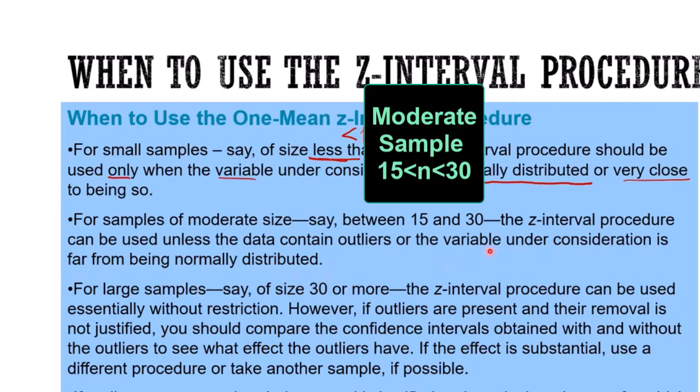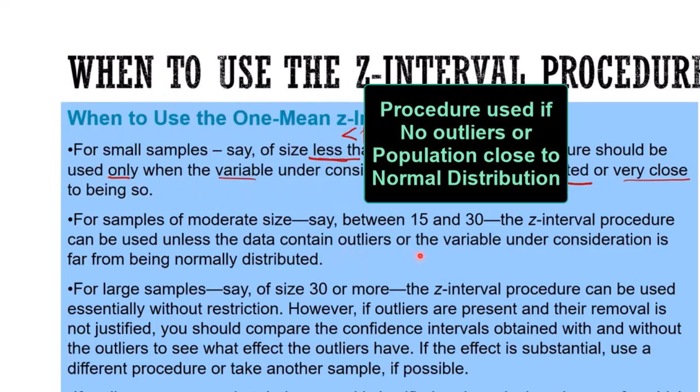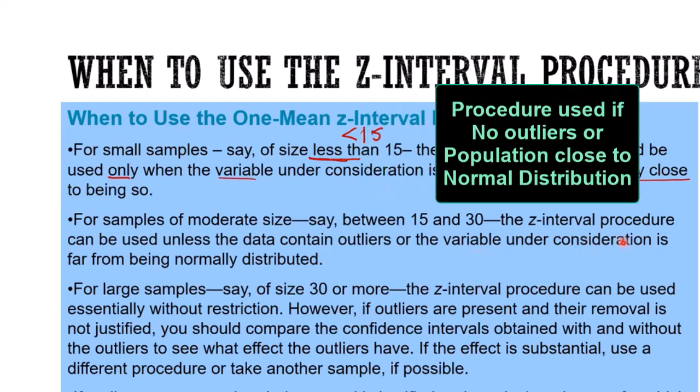So if it is a medium-sized sample between 15 and 30, then we can use the z-interval procedure provided the data does not contain too many outliers or the variable that we are studying is absolutely not normally distributed. It has a completely different distribution. All right. In those cases, we shouldn't be using the z-interval procedure.